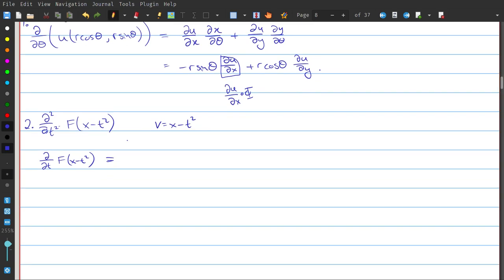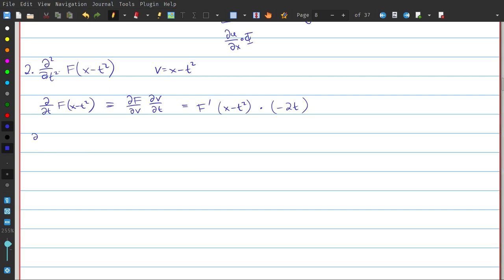So in this case, it would be partial f partial v and then the derivative of v with respect to t, like so. Now, because f is just a function of one variable, the variable v, we would normally just write this as f prime. Okay, and it's f prime of the new coordinates multiplied by minus 2t, like so, minus 2t.